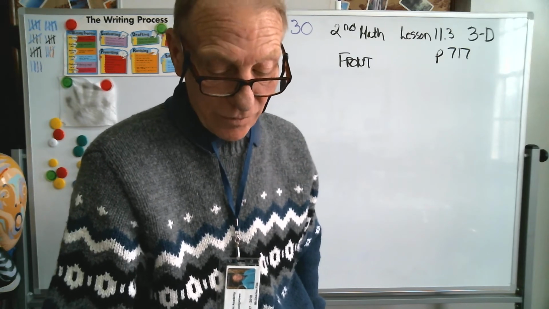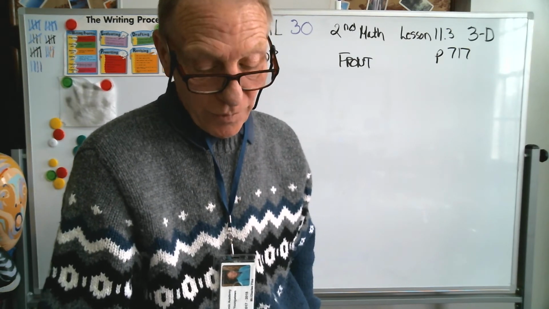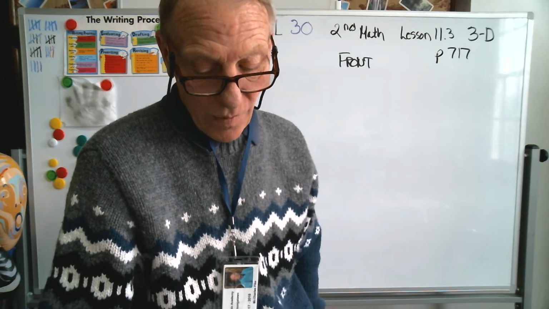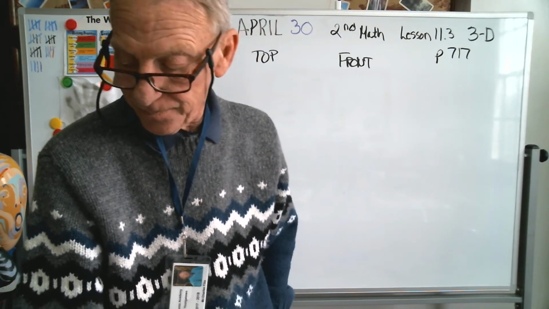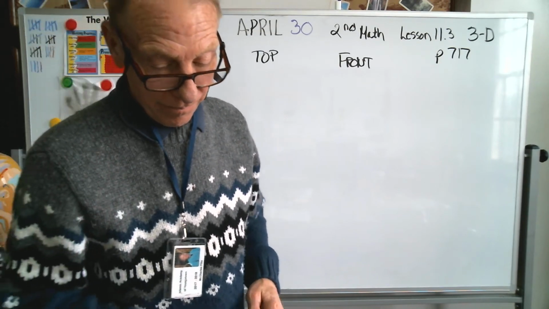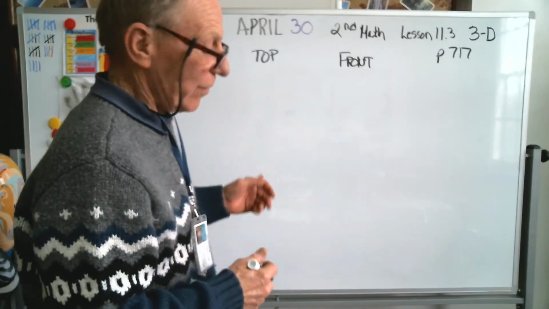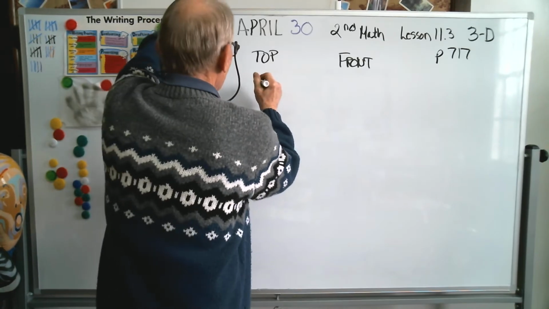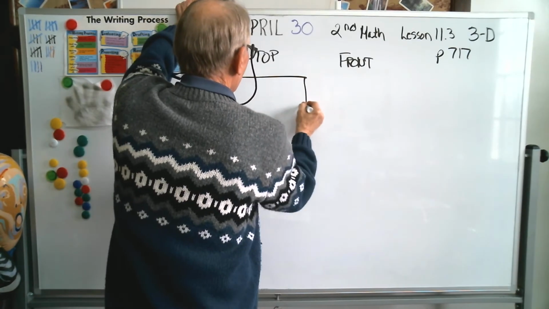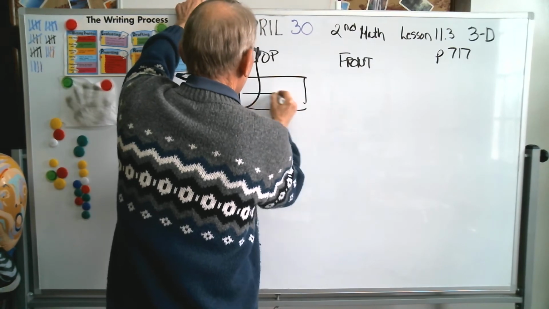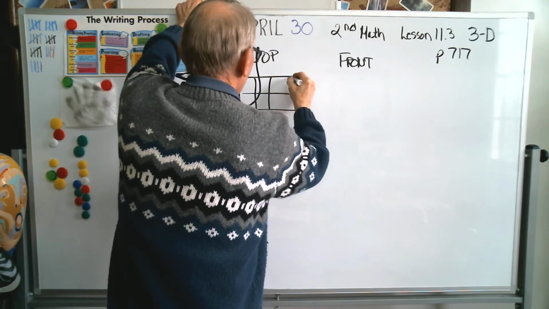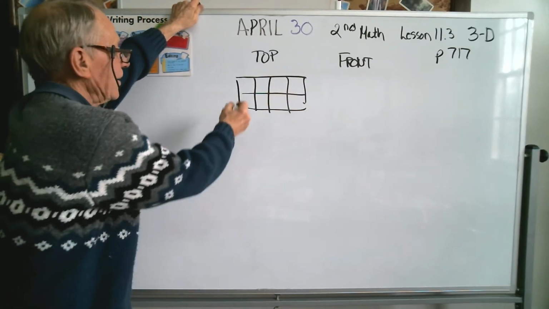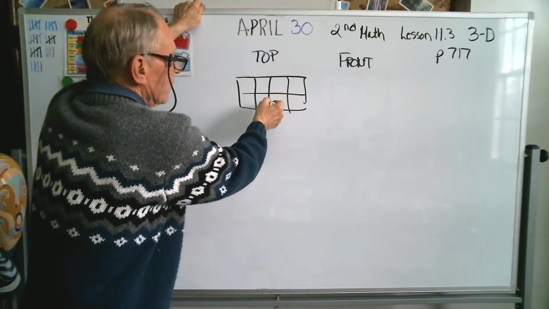So you'd have to have 24 cubes. And the way I would do that, we got a top view and a front view. And on the top view, I would make this my top view. That's 1, 2, 3, 4, 5, 6, 7, 8.